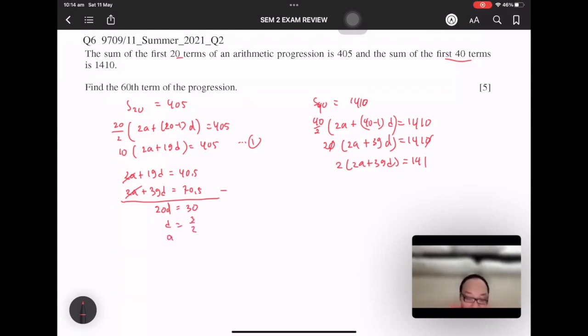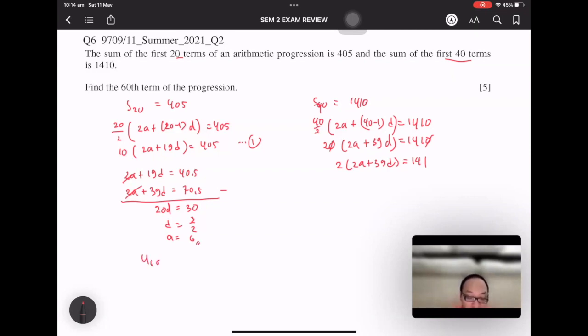To find a, we put it into the first formula: 19 times 3/2, then 40.5 minus the answer, divided by 2. So a is 6. So find the 60th term.